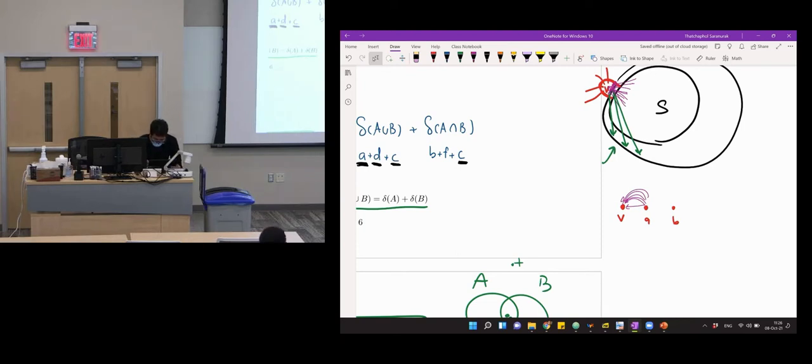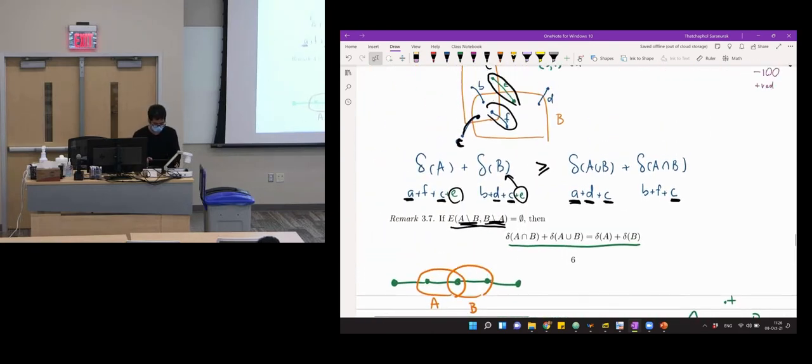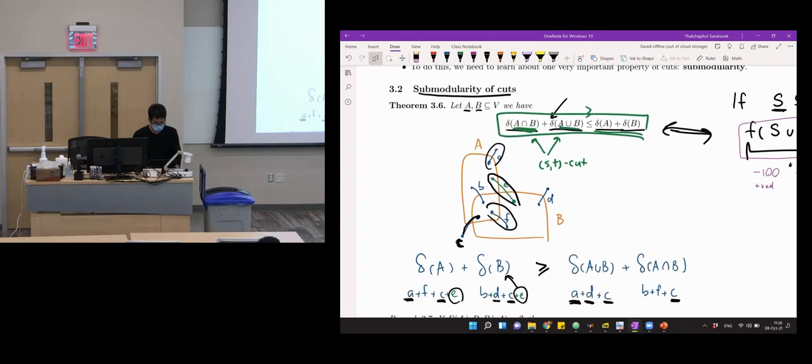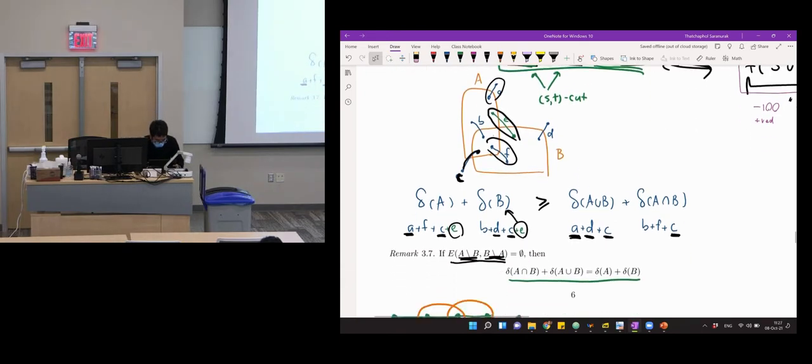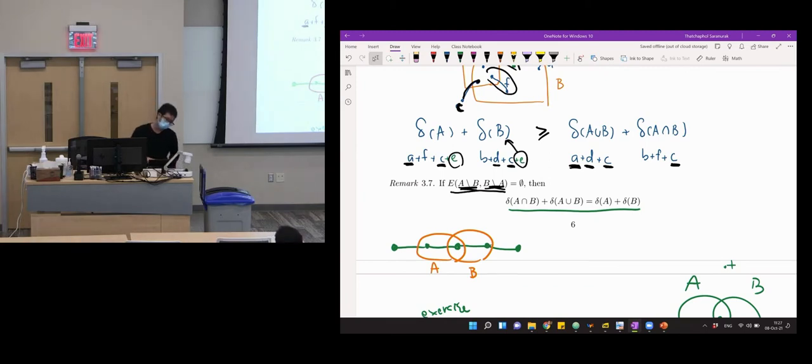What if A is in B? Okay, but this might not be too interesting.